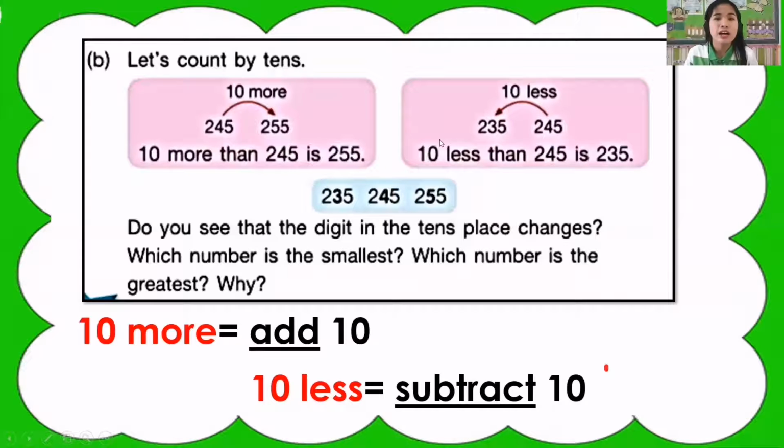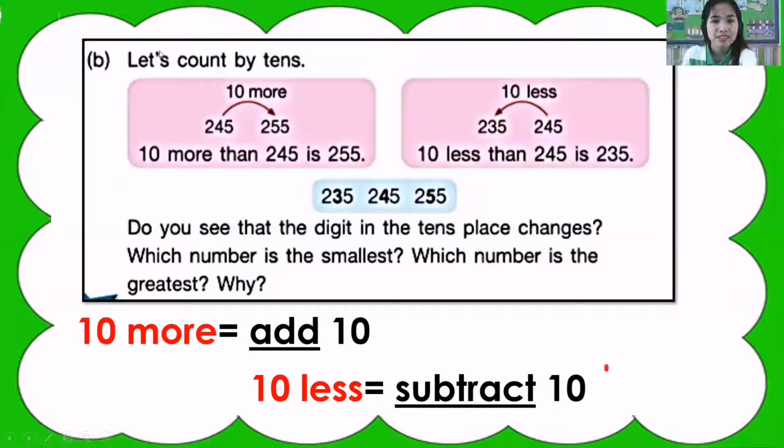So 10 less than 245 is 235. If we say 10 more, you will simply add 10. But if 10 less, you are going to subtract or minus 10. Understand?